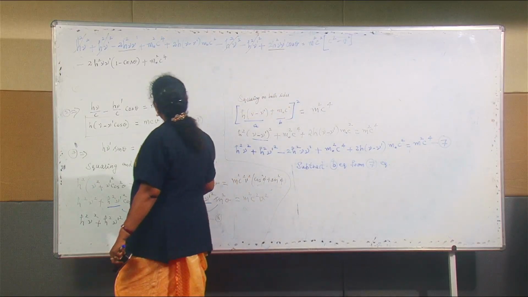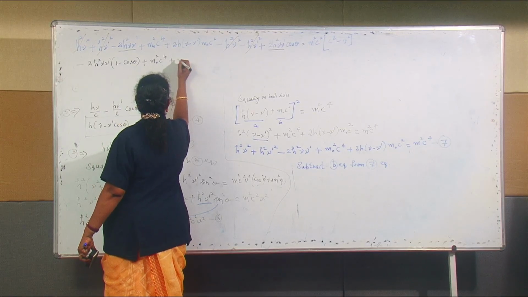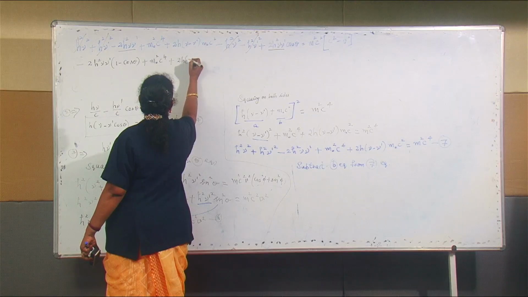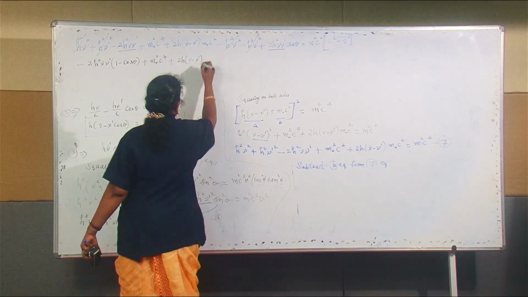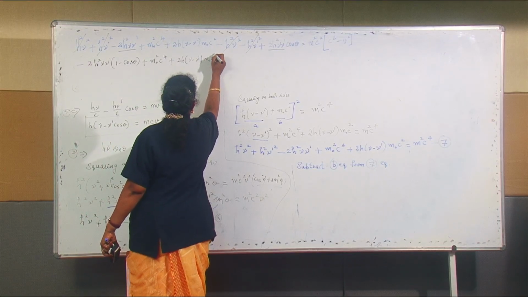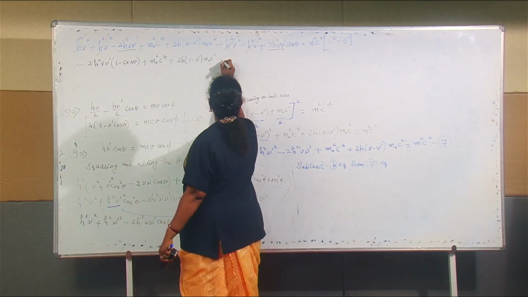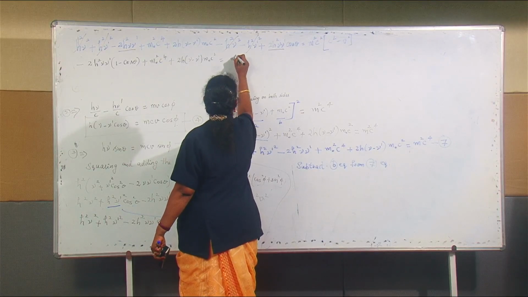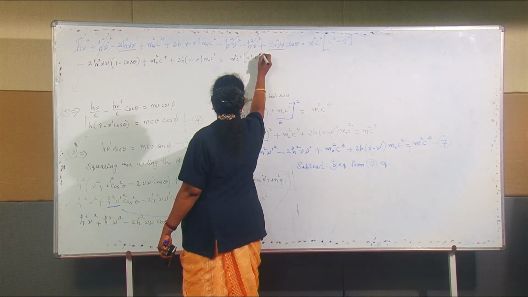Let us write the remaining term: m naught squared c power 4 plus 2h nu minus nu dash is equal to m squared c squared minus v squared.